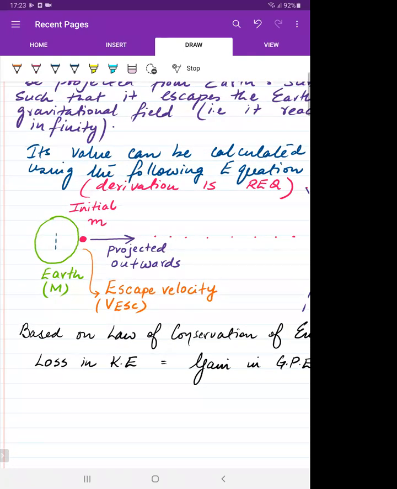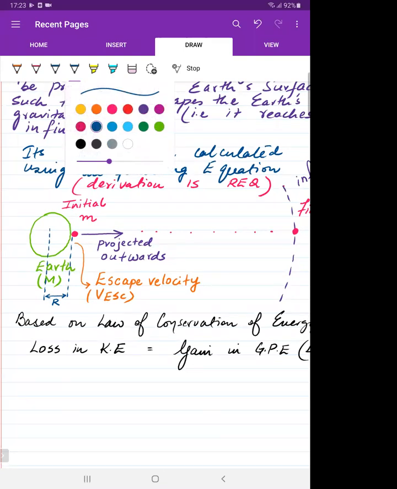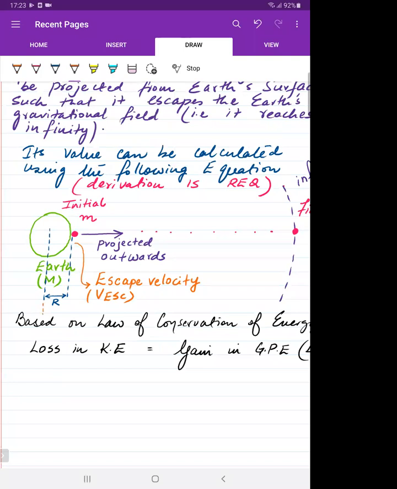So if I were to mark the distances from the center, so for the initial position, I can assume the distance to be capital R. And for the final position, I can assume the distance to be infinity.